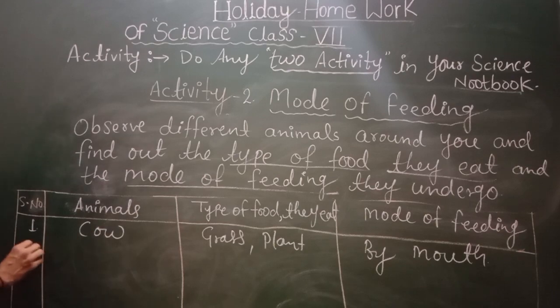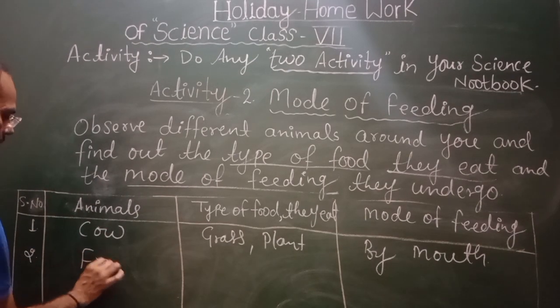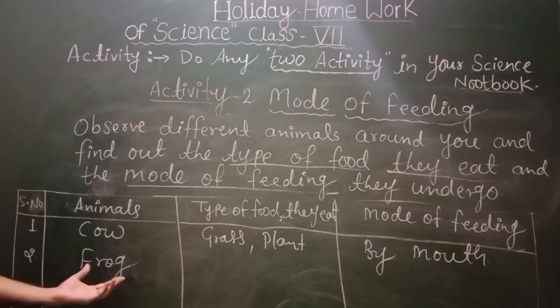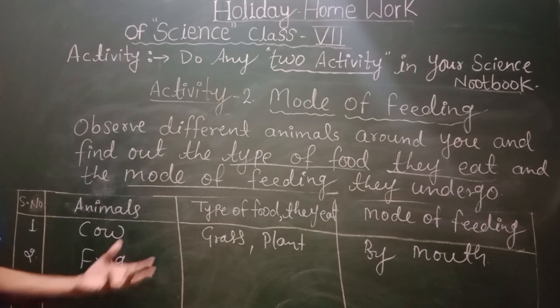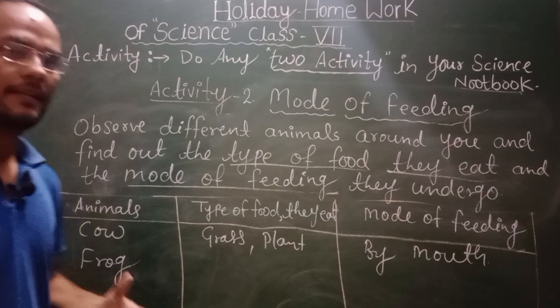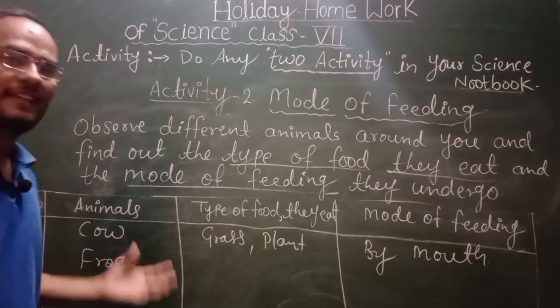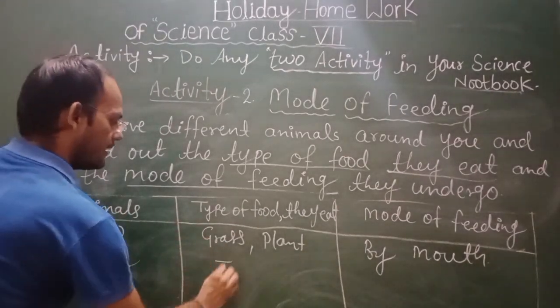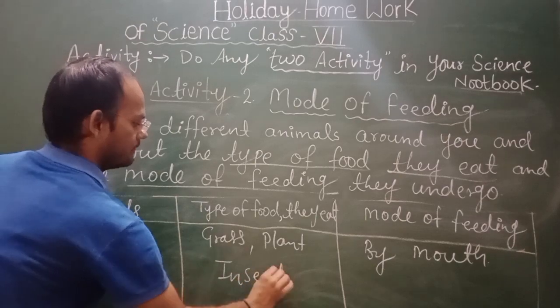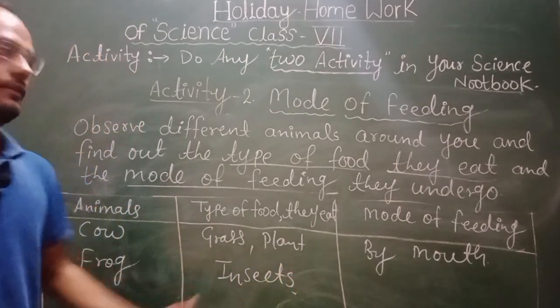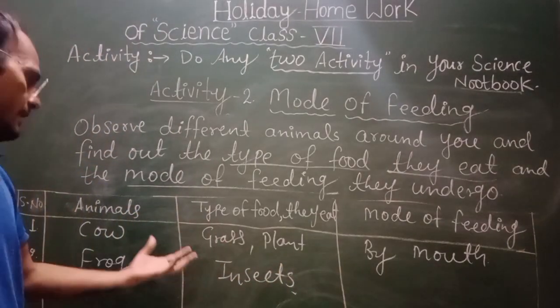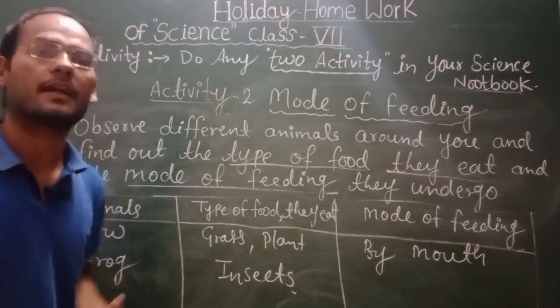And second, for example, is frog. You have observed a frog, this one animal, and you notice what type of food the frog takes. It means they take insects, their type of food is insects, generally they eat insects.